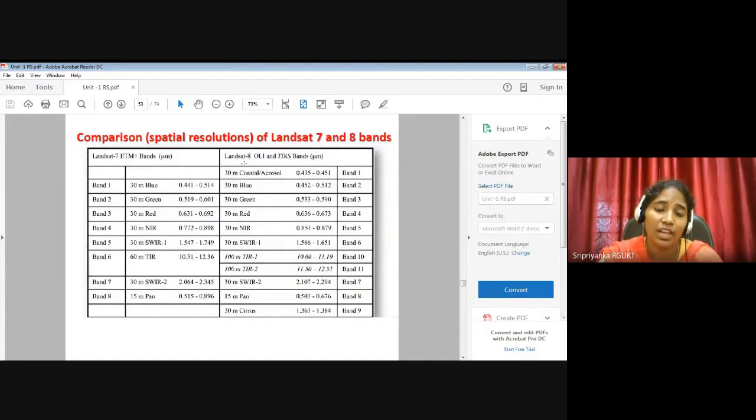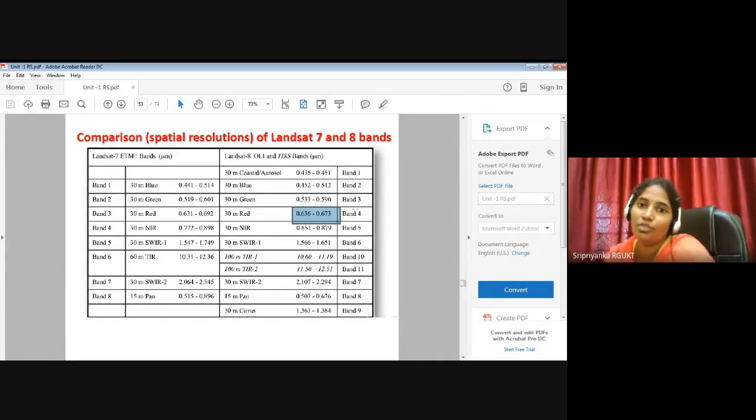When it comes to Landsat 8, you can see a violet band here, next to that blue, then green. Here we cover 0.5 to 0.6, while here we made it very narrow, 0.533 to 0.59. Also, the red band covers 0.63 to 0.69, and here it has been narrowed to 0.636 to 0.67.